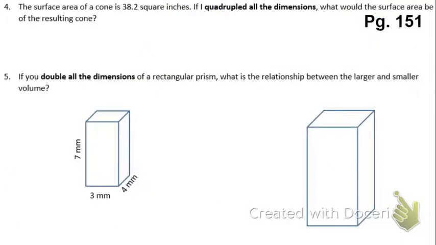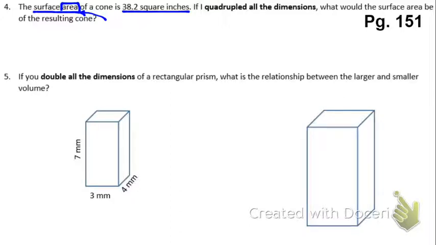Look down towards the bottom of the page. I know that the surface area of a cone is 38.2 square inches. How many dimensions are we talking about when we say area? Area has how many dimensions? 2.